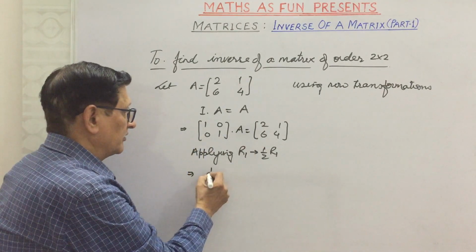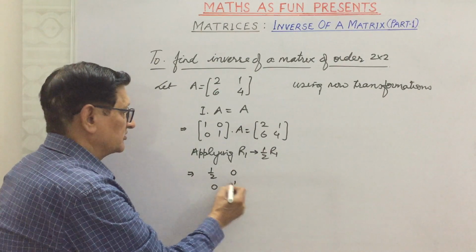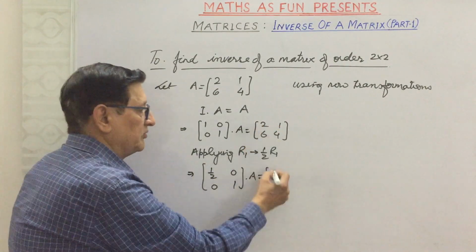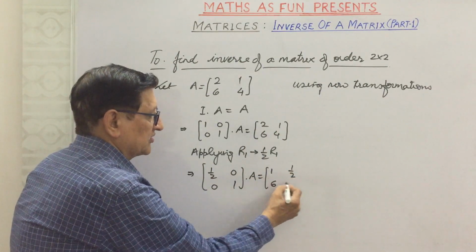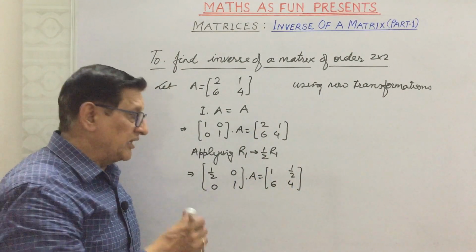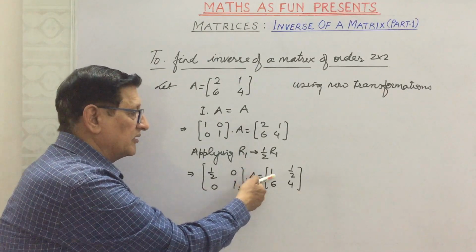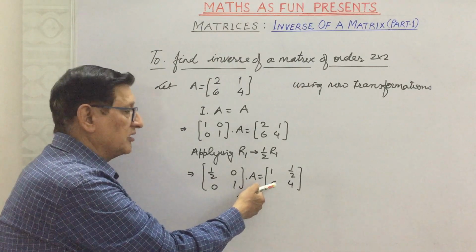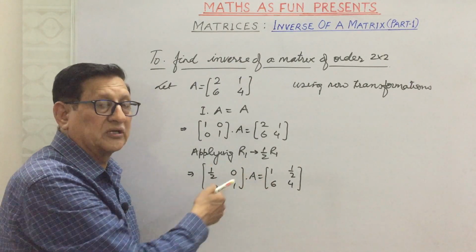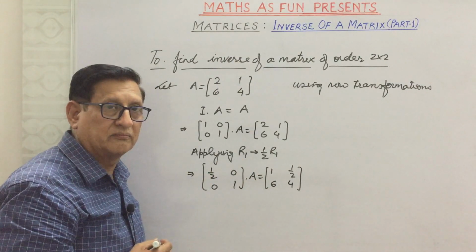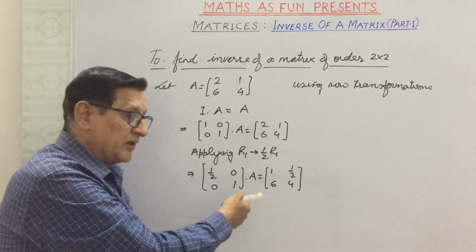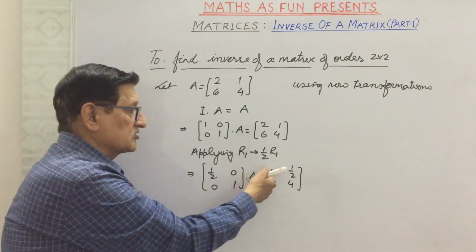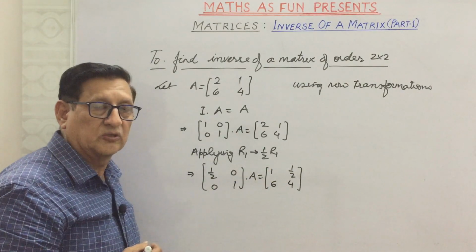So we write half 0 0 1 into A equal to 1 half 6 4. Then with the help of this element which we have made 1, we will make the element of the same column, that is A21, as 0, which can be done by subtracting 6 times row 1 from row 2.